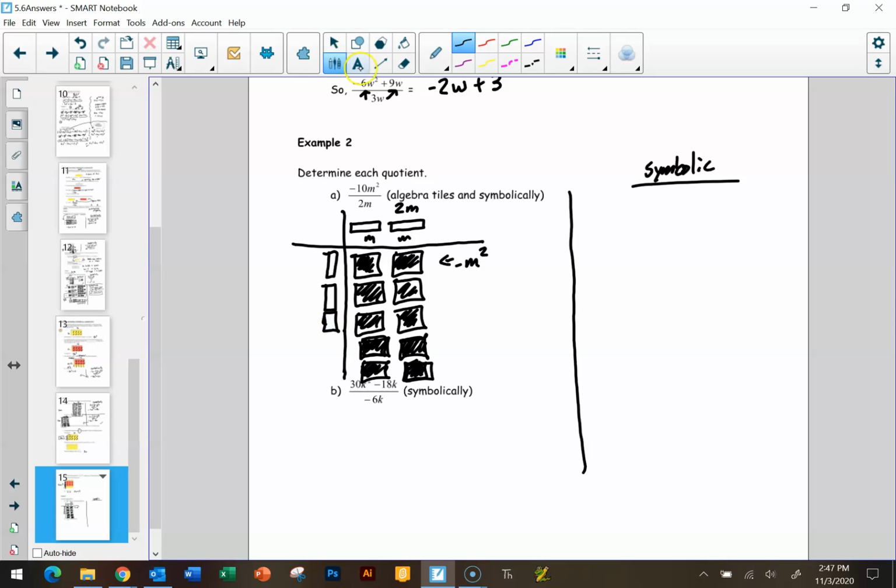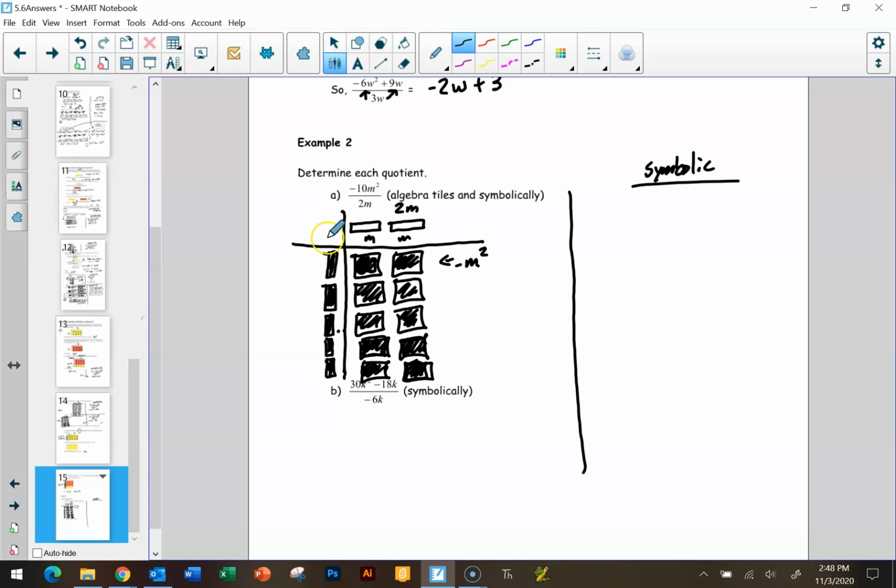Oh, that's looking like a square, not a rectangle. Here, 5. My rectangles are getting smaller as I go down. So I'm going to have to break this up, and I've got a positive here and a negative here, which means these guys are all going to have to be negative. And then you can check by just kind of going opposite and doing the multiplication.